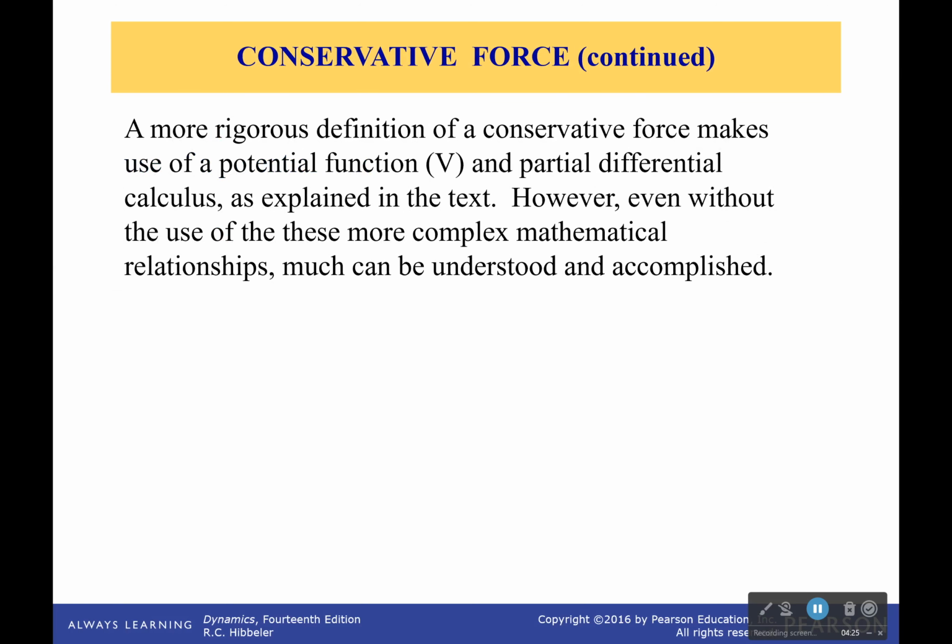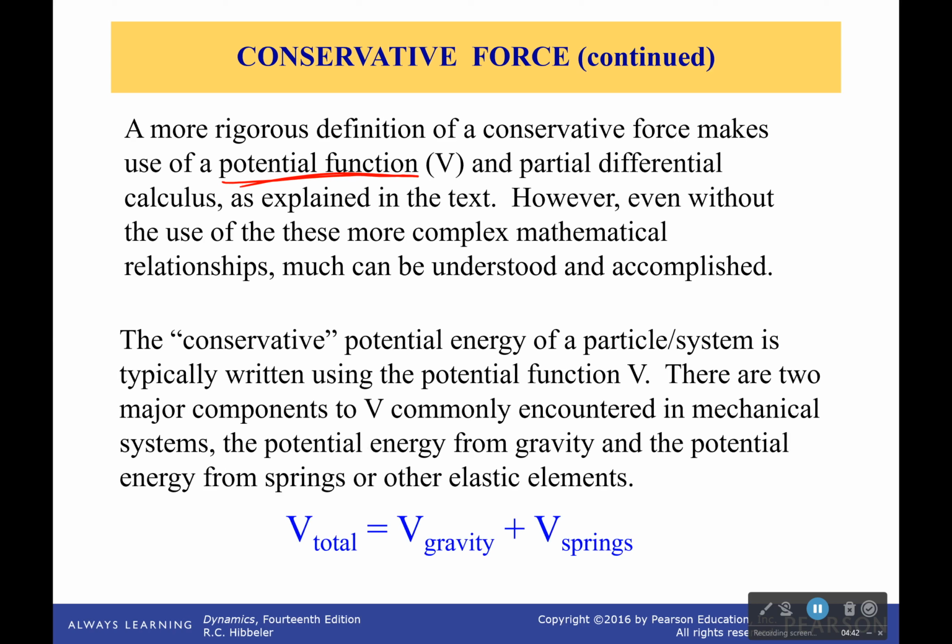Now, a more rigorous definition brings in a potential function V, and some partial differential calculus. And you can check that out in the text. I'm not going to go into a bunch of detail about it here. However, even without really understanding those or digging too deep into them, you can understand quite a bit.